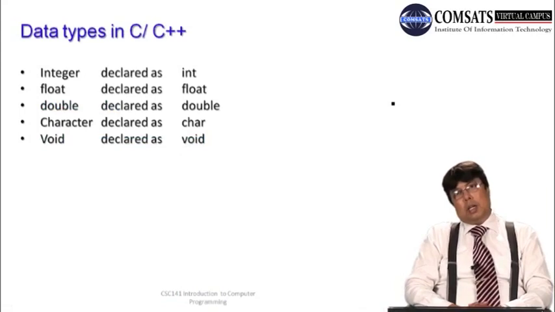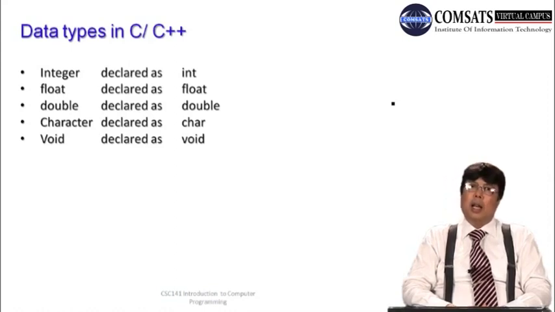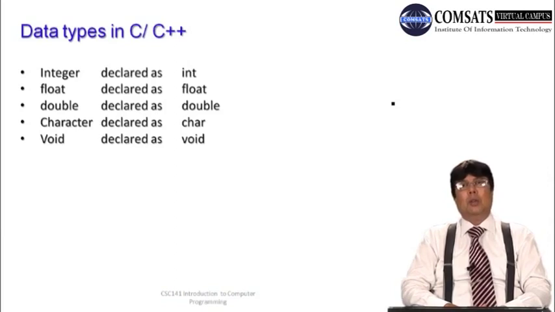So the identifiers could be the data types also. In C, we have 5 different data types. Integer, declared as int. So the compiler has defined the integer data type by using a word int.